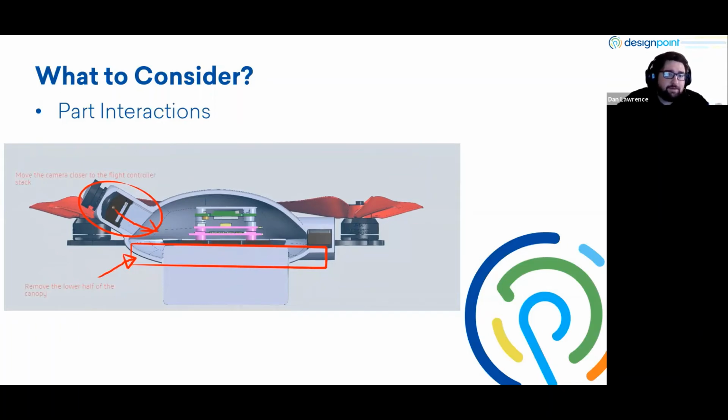That's what you're seeing here with this circle, and it's saying move the camera closer to the flight controller stack. The whole reason behind that is that this camera will not hit the ground first, because it's probably one of the more expensive components on our quadcopter, and one of the more fragile components. So we definitely don't want that to hit the ground first. We moved it down and in just so that the propellers hit the ground first, or even the shell itself.